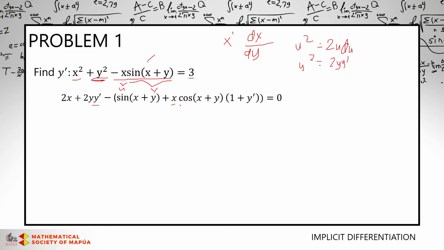So, we have cosine of u or cosine of x plus y times the derivative of u. So, ang derivative ng x plus y is, again, ang derivative ng x is 1 plus ang derivative ng y is y prime. Okay, so kailangan master nyo yung mga formulas and yung chain rule, of course.